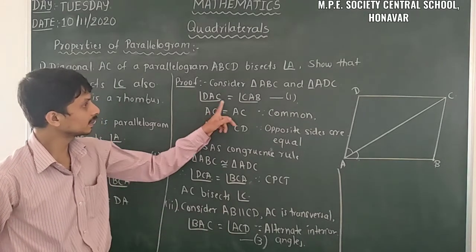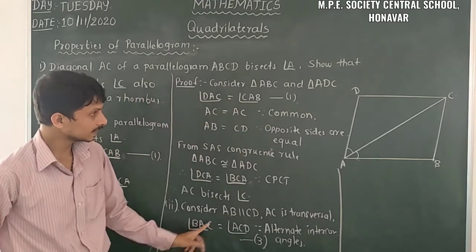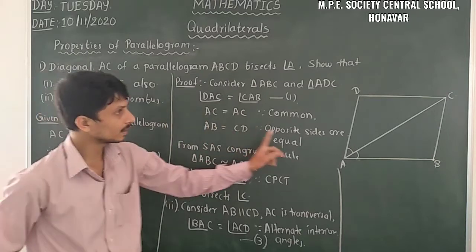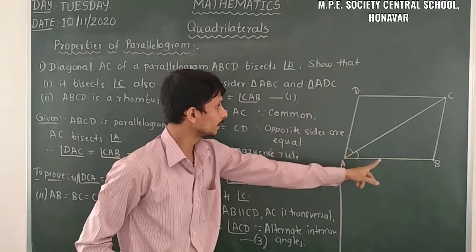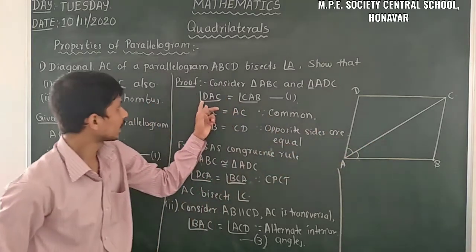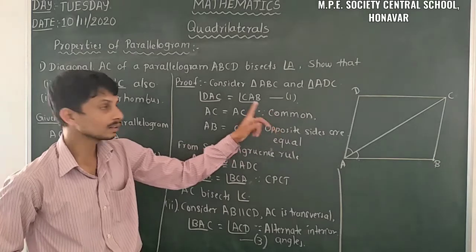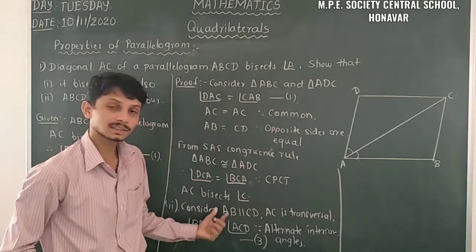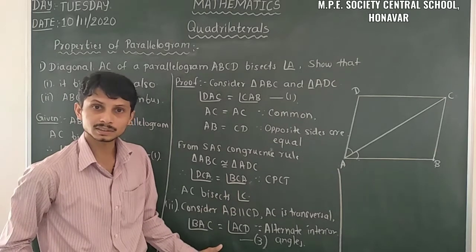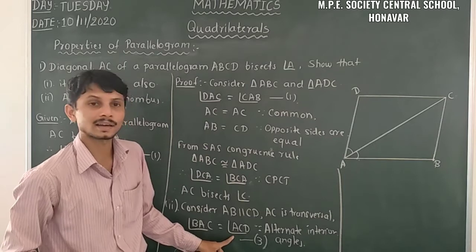Here angle DAC is equal to angle CAB, and angle BAC and angle CAB are the same. So things equal to the same thing are equal to one another. That's why angle DAC is equal to angle ACD.